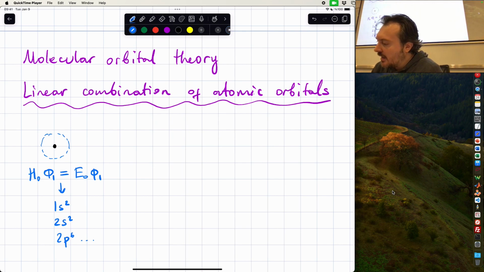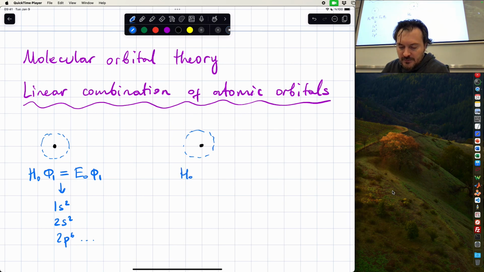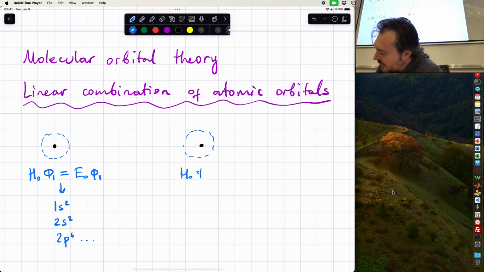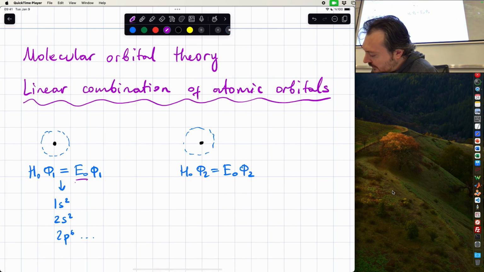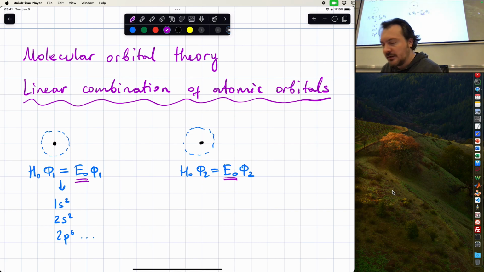Now imagine you have another one of these nuclei, and they are far away from each other. So for this one, you also have H0 phi 2 equals E0 phi 2. The E0s are the same because these nuclei are the same.